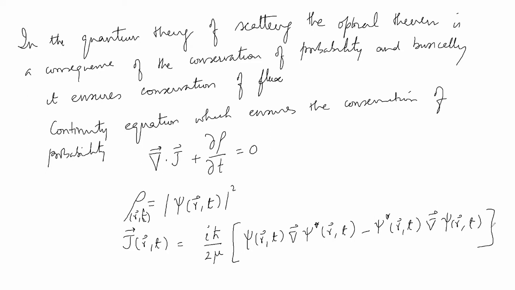Okay. Now, if we talk about a solution which is independent of time, and we know that if the potential is only r dependent, then we get a stationary state solution.